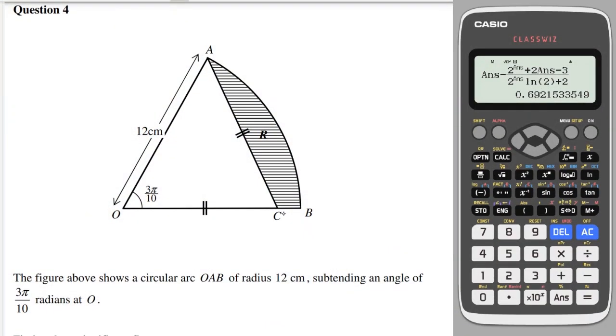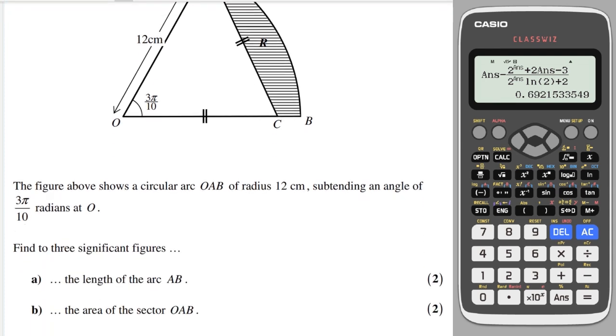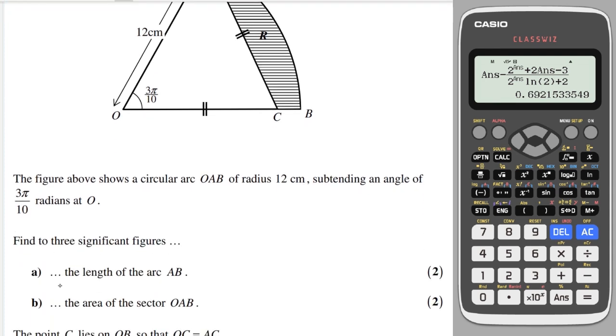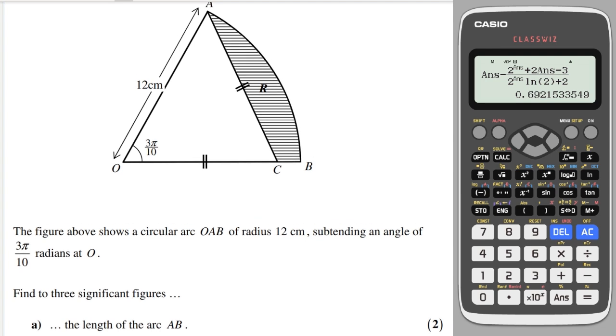Question 4, we've got a triangle and we've got a sector as well, and it says that it shows the circular arc OAB of radius 12 subtending an angle of 3 pi over 10 radians. It says find to 3 significant figures the length of arc AB.